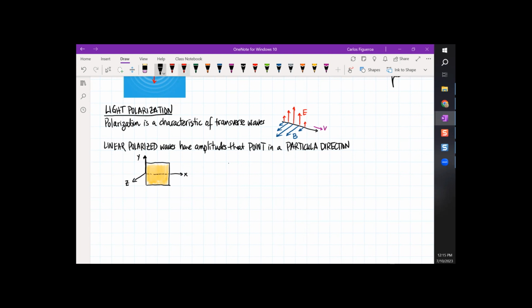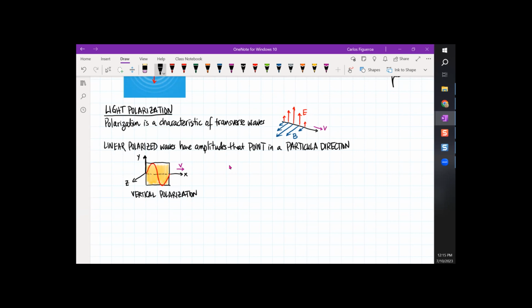So if I look at a wave here, this wave is oscillating in the y direction as the wave is moving like this. In this situation, I would call this vertical polarization, because the wave has an amplitude only in the y-axis.